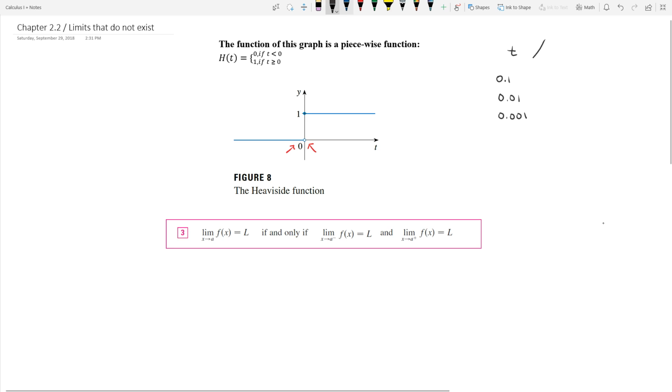Well, this table that I've just created would be from the right side, because it is just a little bit larger than 0. So therefore, I would notate this as a limit of t for time. That's our input value. So that's where we put it, down here, and it's approaching 0. To designate that it's from the right side only, we're going to put a plus sign at the top right of our value there.